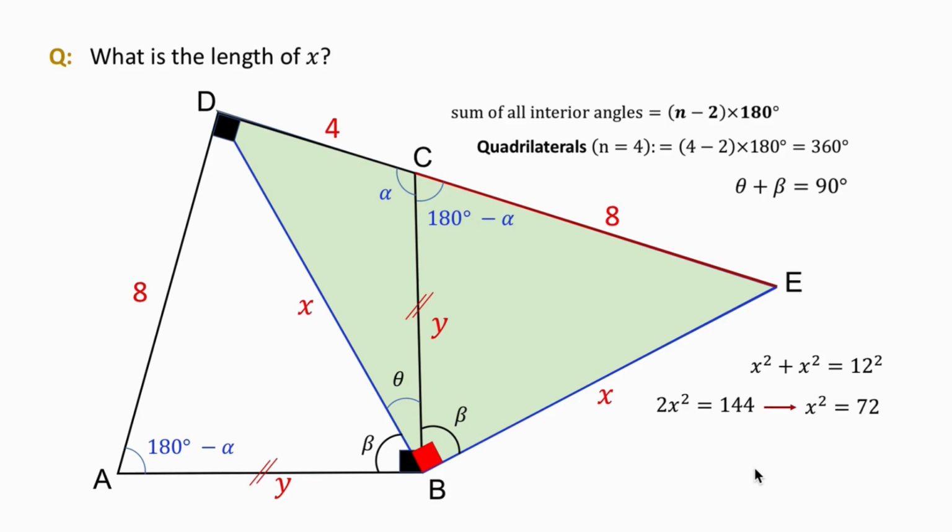Dividing both sides by 2 gives x squared equals 72. Taking the square root of both sides gives us x equals the square root of 72. If we simplify the right side by writing 72 as 36 times 2, the length of x becomes 6 times the square root of 2. And that's the length of x.